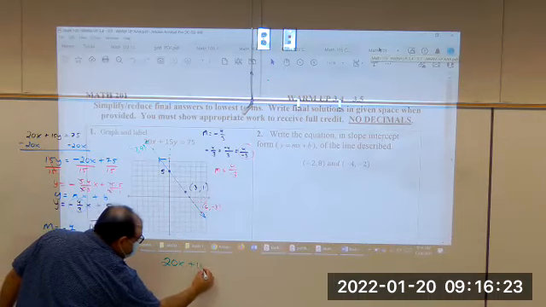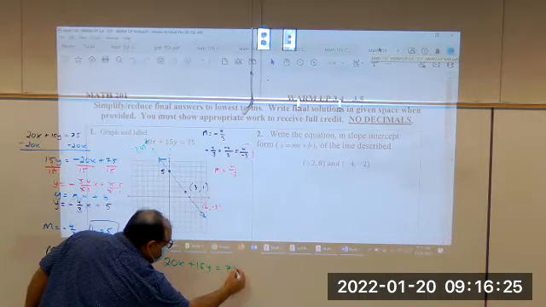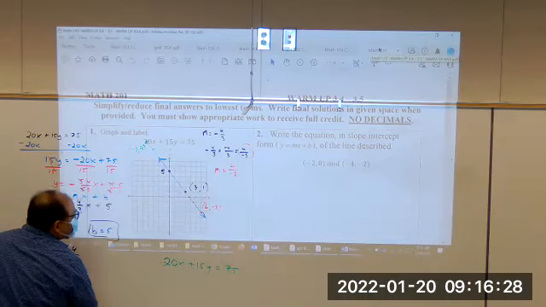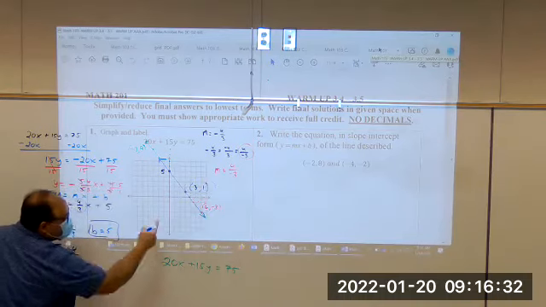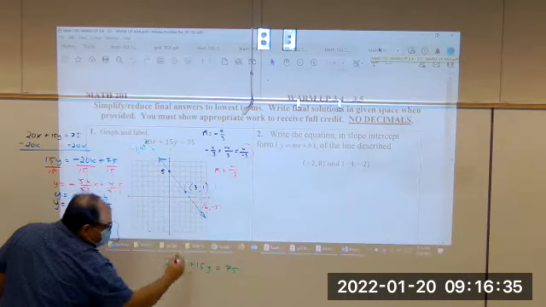20x plus 15y equals 75. This point right here, (3, 1): x is 3, y is 1.